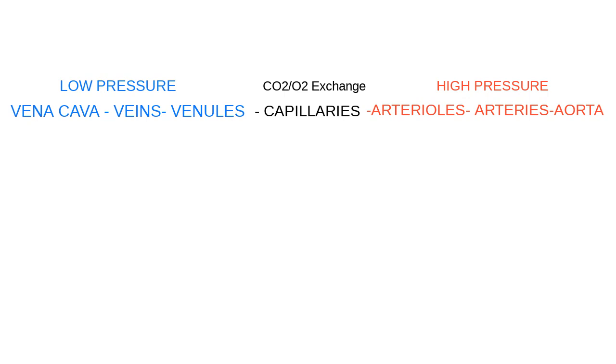So capillaries, smallest blood vessels in the body. It's the connection between the smallest veins, which is the venules, and the arterioles, which is the smallest arteries. And at this point within the circulatory system, we get the exchange of carbon dioxide and oxygen.